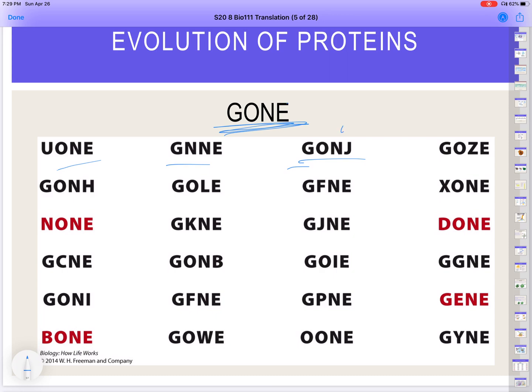So most of these are going to be deleterious, or they're not going to form anything useful. But every now and then, you get something that forms a word that makes sense. So if you have GONE, and then this G gets transitioned to a D, then you have DONE. Now that word means something, and it has a different meaning than the original word, gone, in this sense.